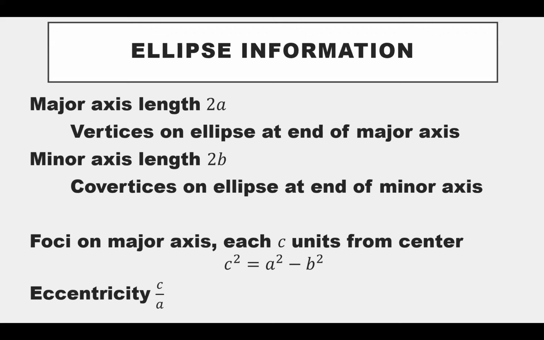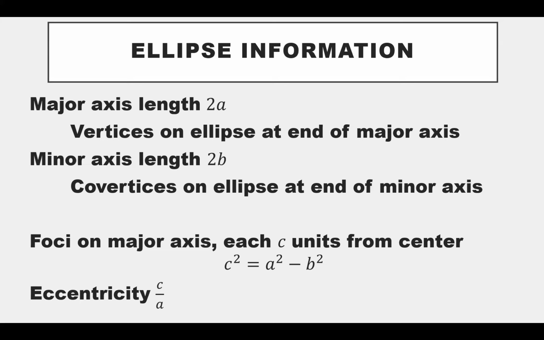So if it's more stretched out in the x direction, then the major axis is going to be along the x direction, and the vertices are going to be on the ellipse at the end of that major axis. The minor axis is length 2b, and we say covertices on the ellipse are at the end of the minor axis. So we have vertices and covertices of the ellipse. They are at the ends of the major axis and the minor axis.